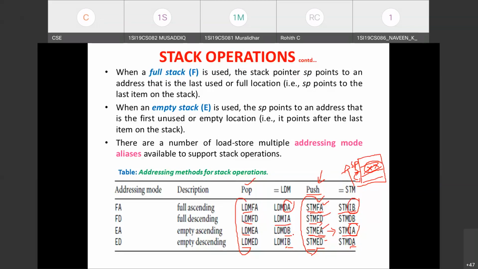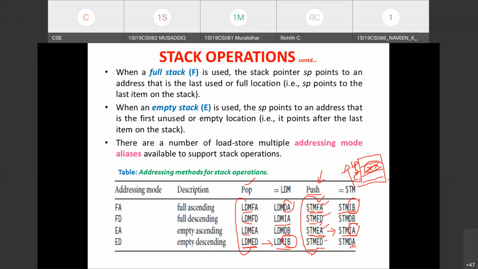That's why increment before is used for the pop operation, and this is the instruction we are using, LDM ED. So what is the equivalent instruction? It is LDM IB. So if you are given LDM FA, STM FA and they ask you to write the equivalent STM and LDM instruction, you should be in a position to write it.